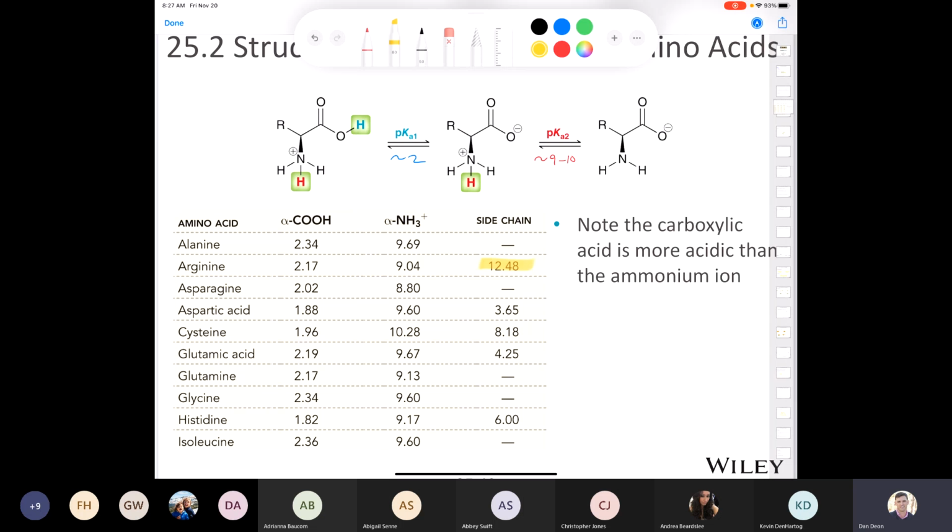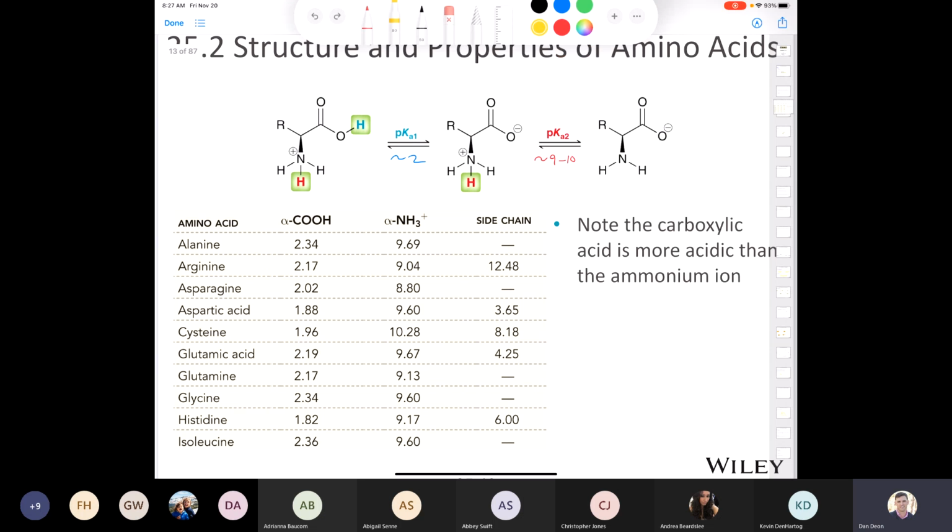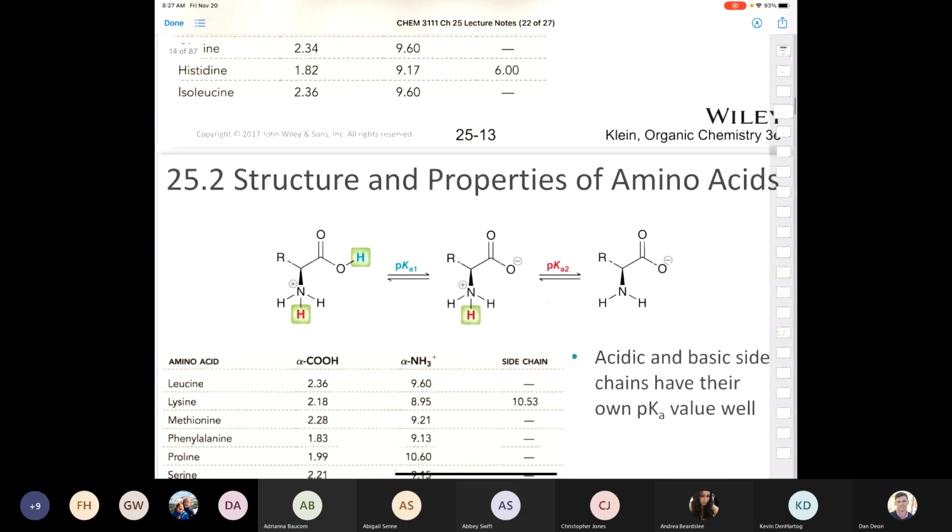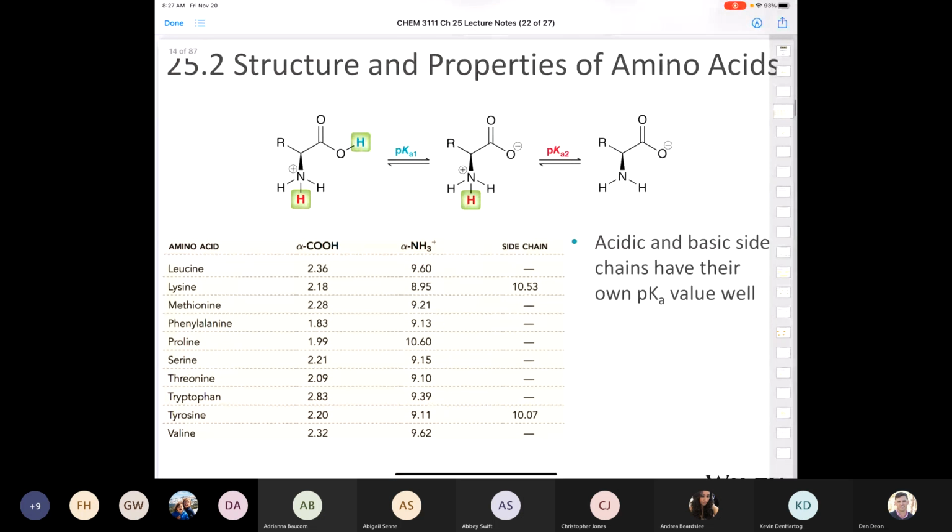Arginine, for example, its side chain has a pKa of 12.48, and aspartic acid has a side chain pKa of 3.65. We're going to look at the consequences of having a third pKa in your amino acid. Notice that the acidic and basic side chains have their own pKa.